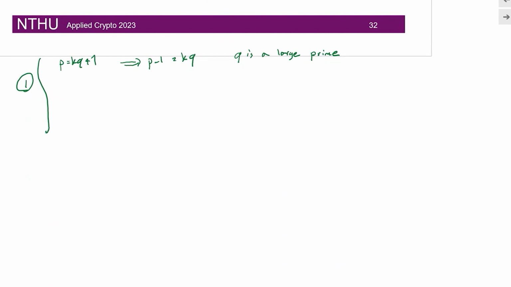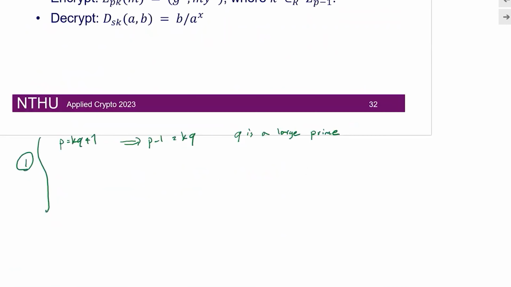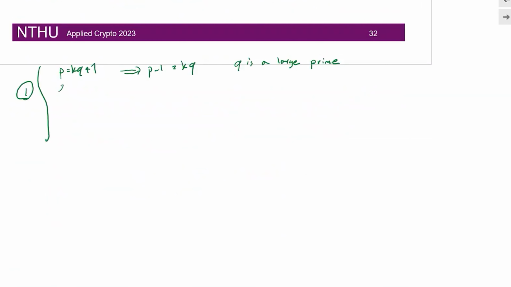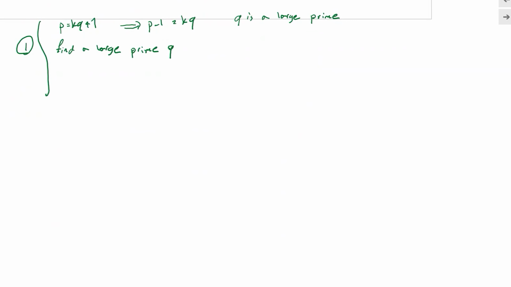So how do we find this p in the first place? We don't start with p, we start with q. Actually, we do a trick. Find a large prime q, and then we start with some k. We do kq plus 1 and test whether it is prime or not.